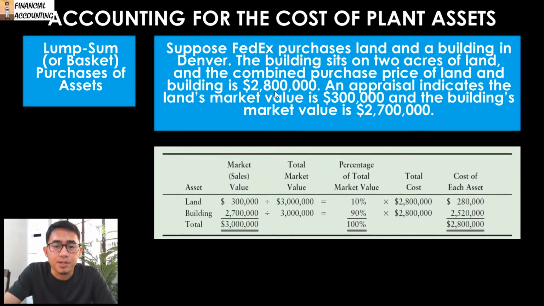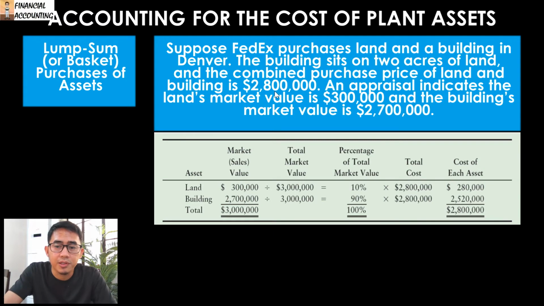So in this example, we will compute the allocated basket price of each asset. So how do we compute that? First, we have to compute the total market value of land and building. So land, 300,000 and the building is 2.7 million. So the total market value is 3 million.